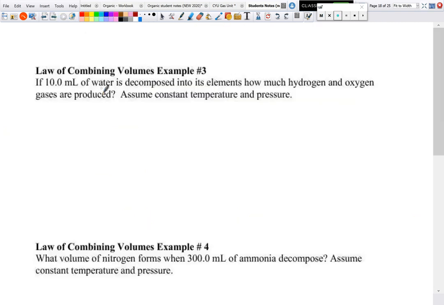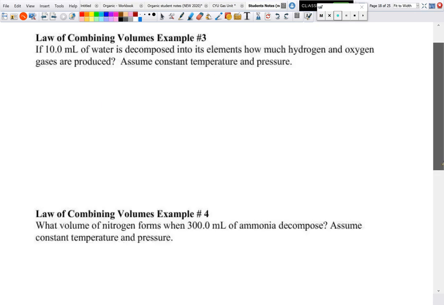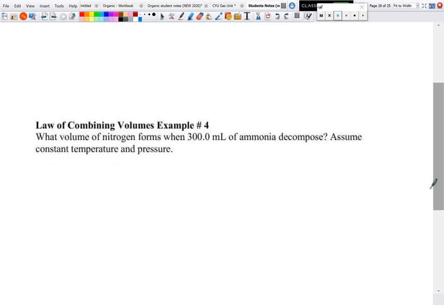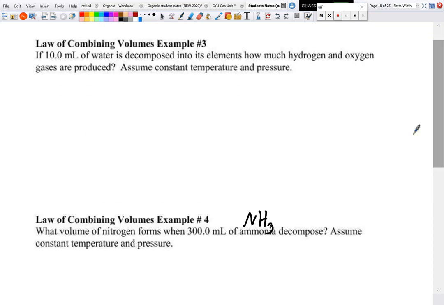Right, so we have water decomposing into its elements, and nitrogen and ammonia, which is going to be NH3, and ammonia decomposing. So we have 2 decomposition reactions. So you have to remember what those are. So pause the video and try those out.